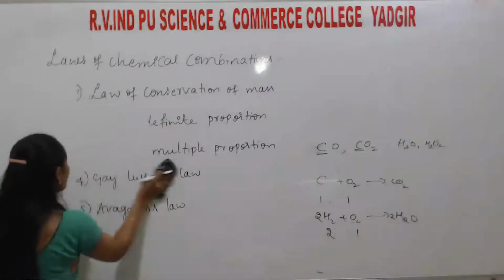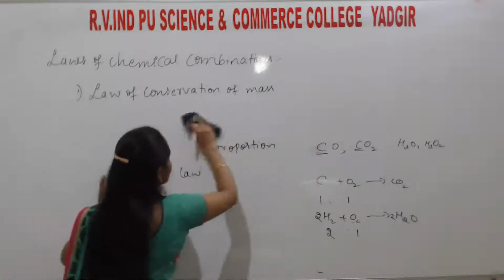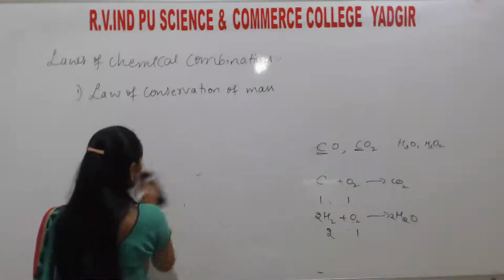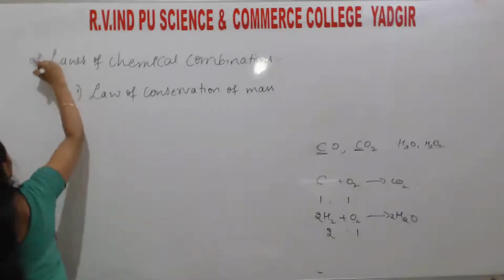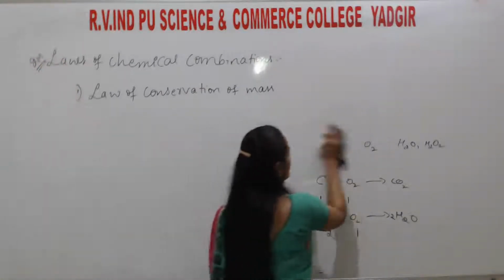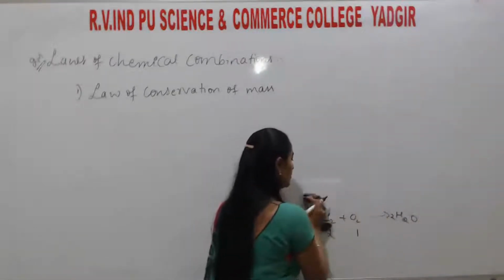So first one is law of conservation of mass. These laws are very important for 2 marks. All the 5 laws are important for 2 marks as exam orientation: their statement and one example.